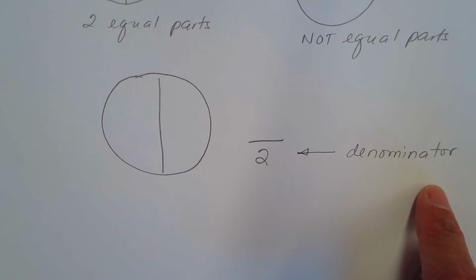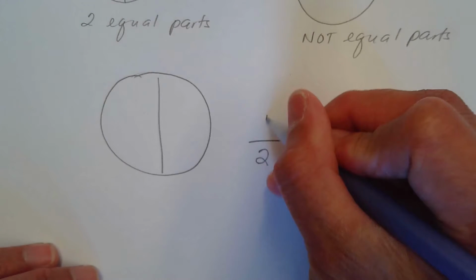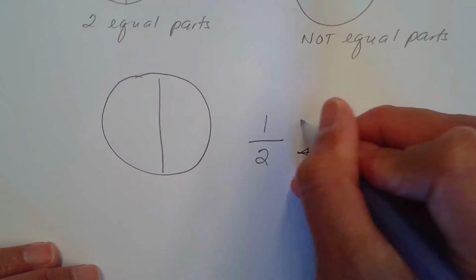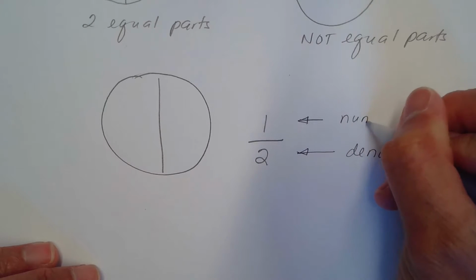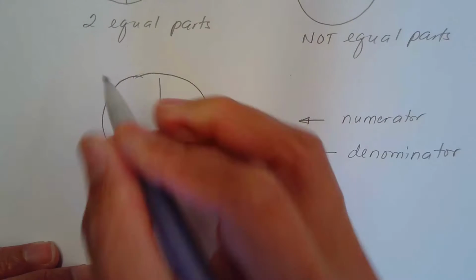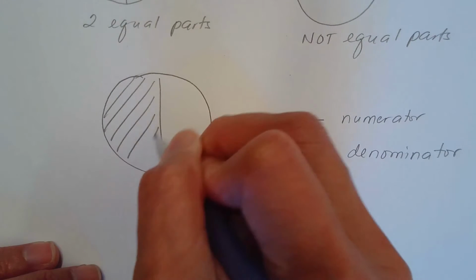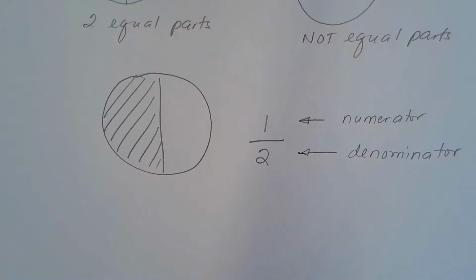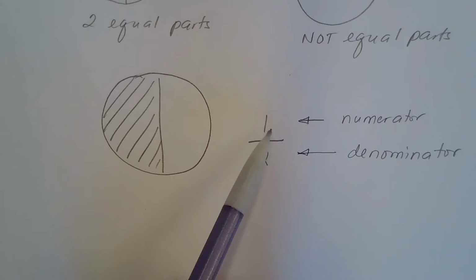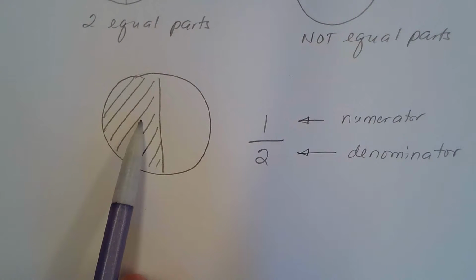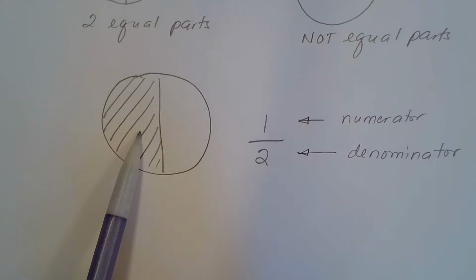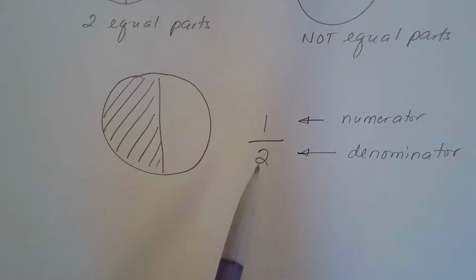And then, let's say 1, that's the numerator: how much of the 2 parts are shaded or used up. So 1 out of the 2 parts, you would say that as 1/2.